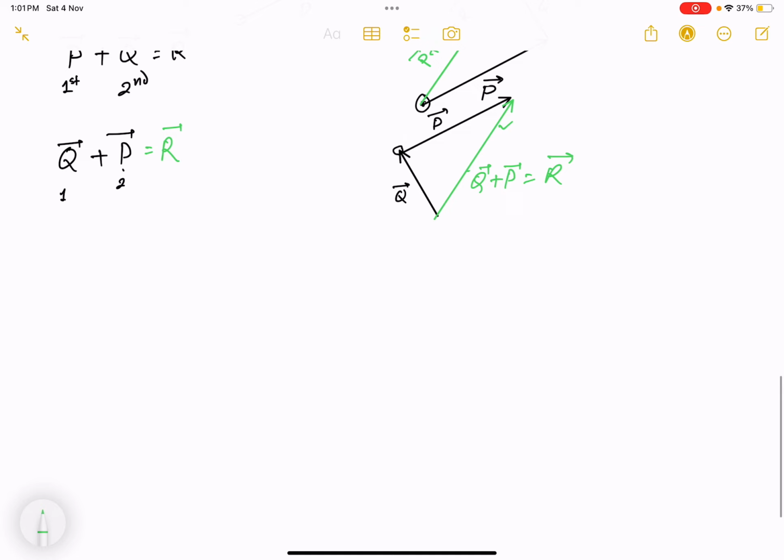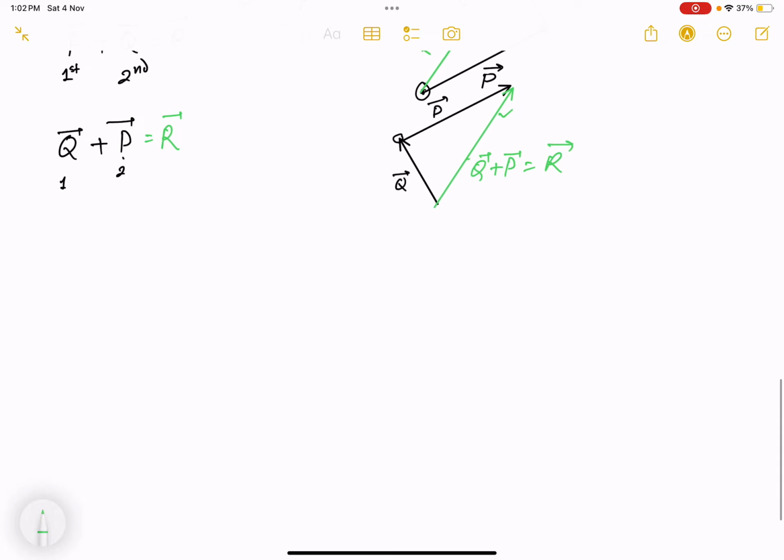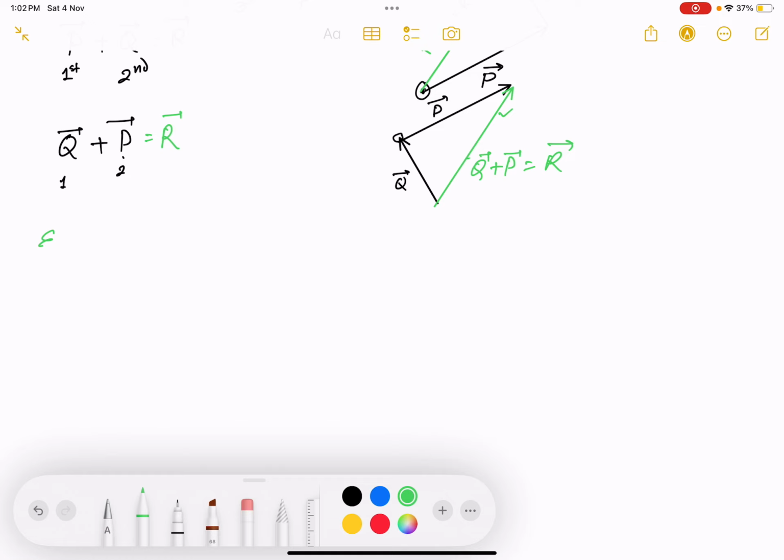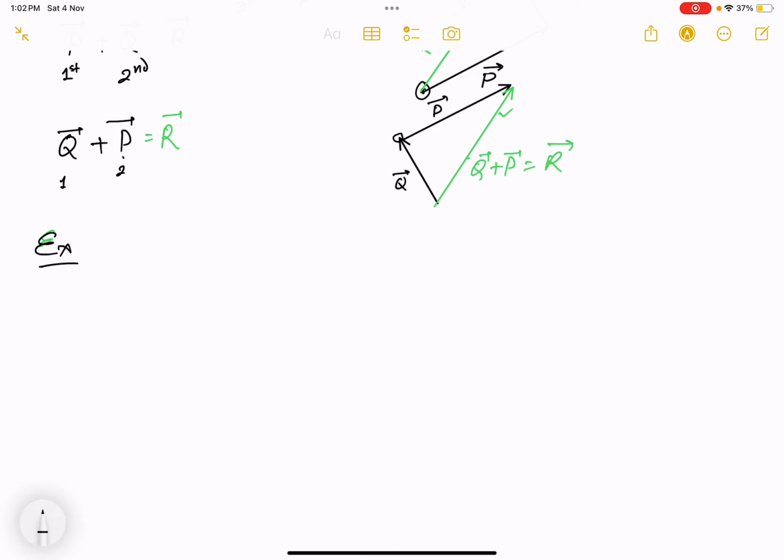now two vectors, if they are in the same line, what will be the resultant? That is interesting. Example 3. If two vectors are on the same line, suppose I have vector A here and I have vector B, they are same directional.